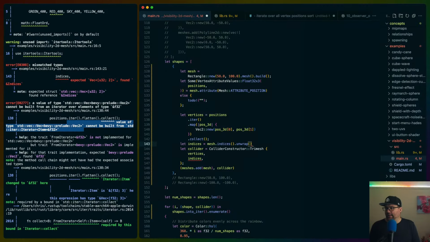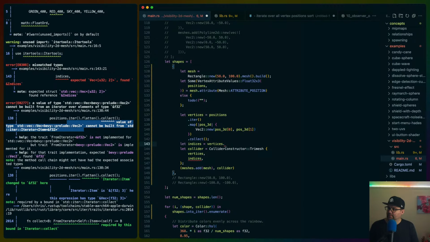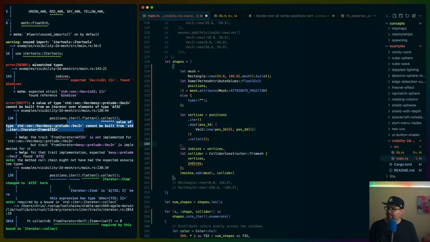So this is like vertices dot iter. Actually, can we do windows right here? Let's see. Well, length equals vertices dot length. Right. So we have the usize.